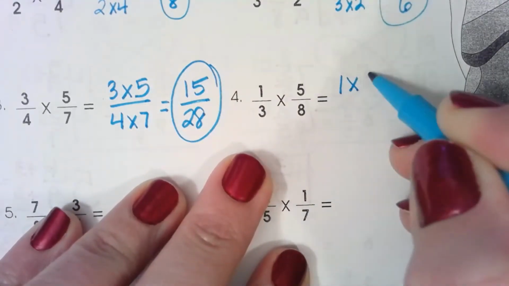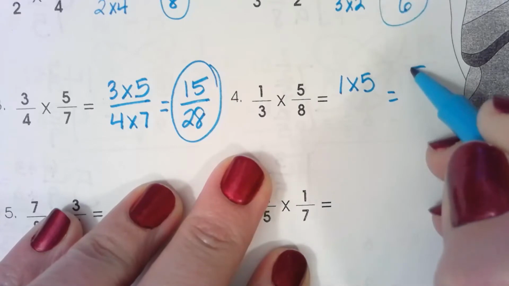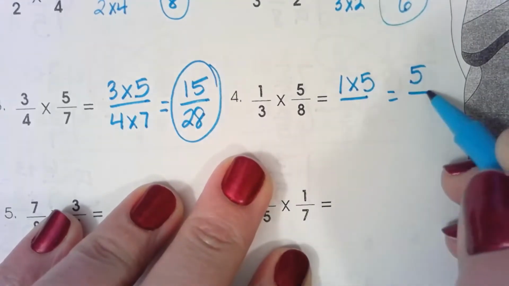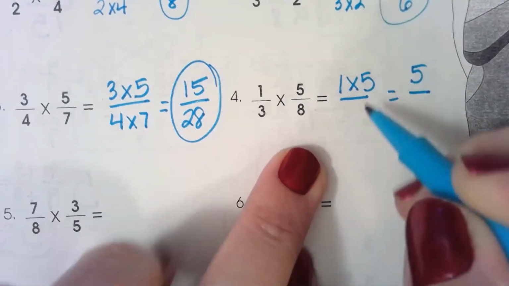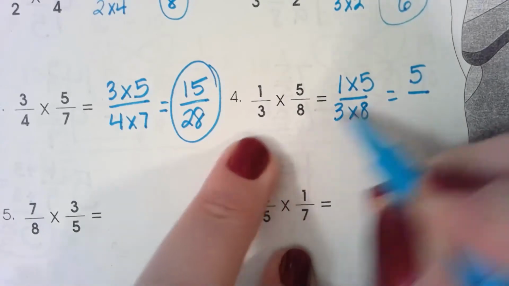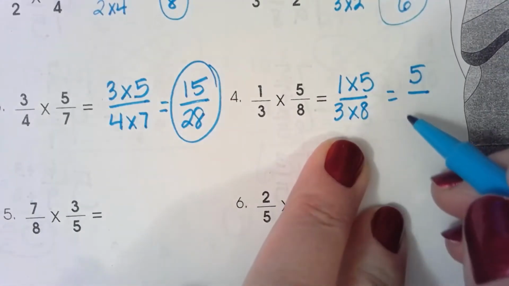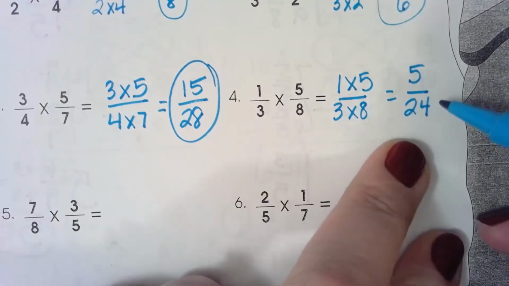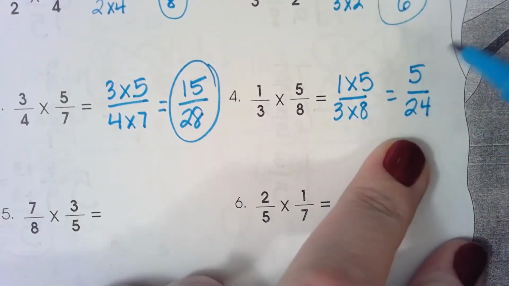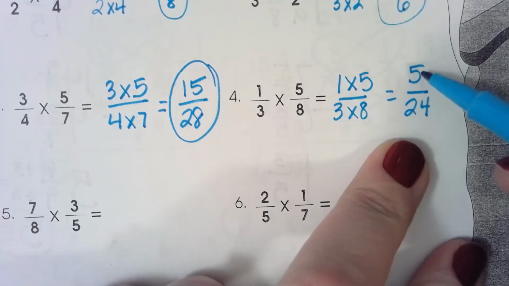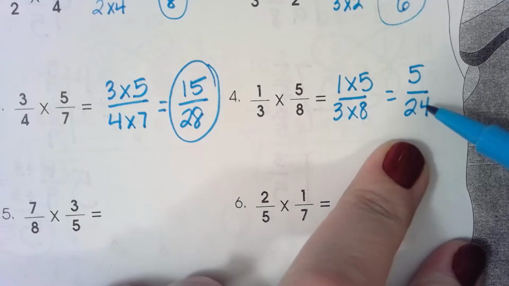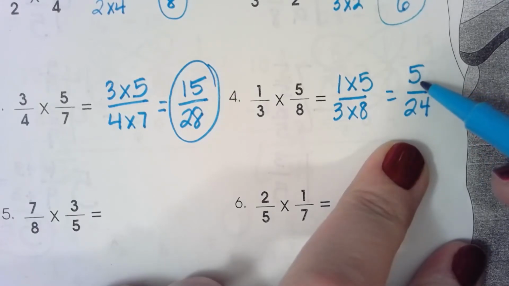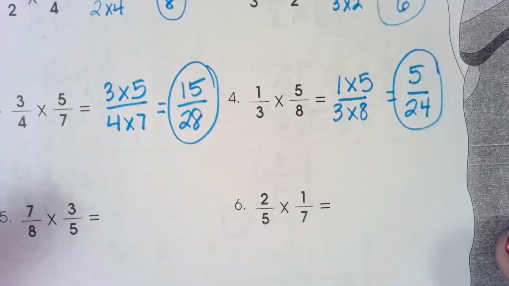Multiply my numerators. 1 times 5, that's 5. Then we do our denominators. 3 times 8 is 24. So 5/24. Is that simplified? Yes, because I can't divide the numerator and denominator by a 5. That would be the only other factor other than 1, so that's already simplified.